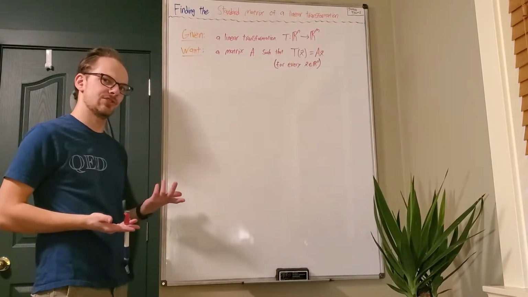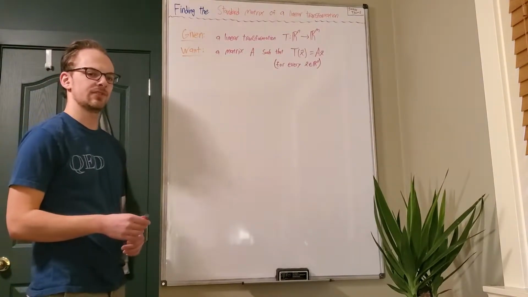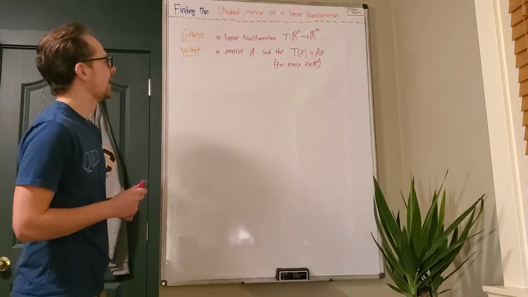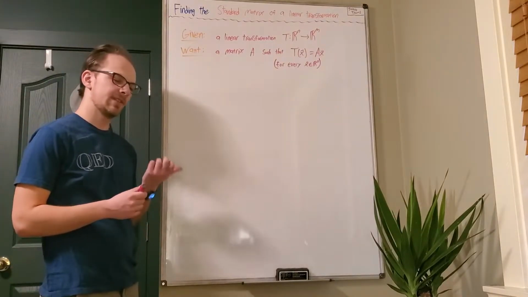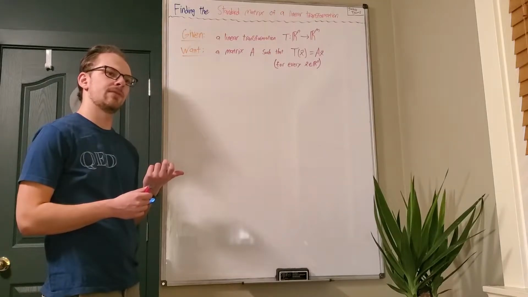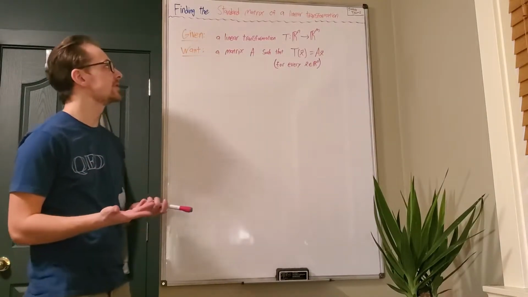There's a lot of applications to knowing the matrix of a linear transformation just for various reasons. And so what we're going to do today is we're going to go about finding a method to do that. And first we're going to actually kind of derive that method, showing you how to find the matrix of a linear transformation.